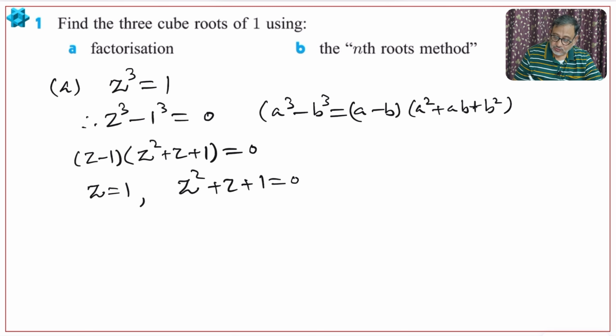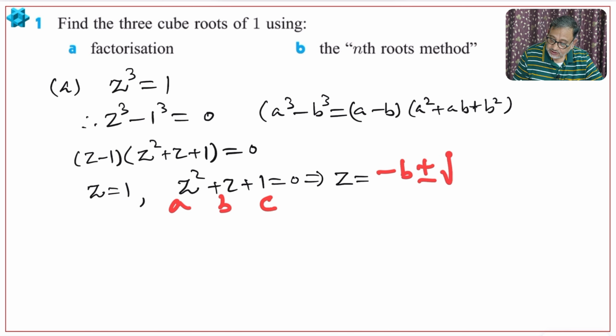So this will give me z is equal to minus b plus minus under root of b square minus 4ac over 2a. Look here, this is a, this is b, this is c. This formula I am going to use.